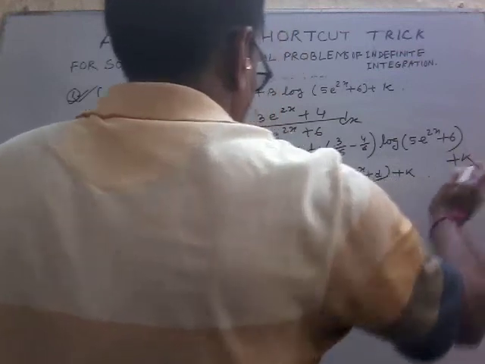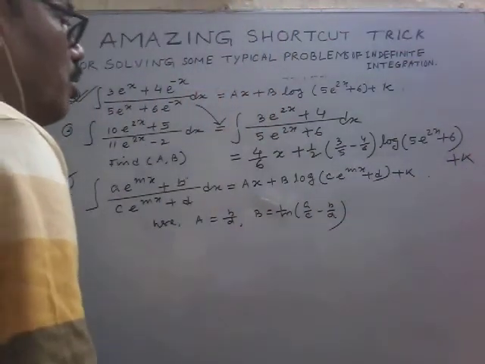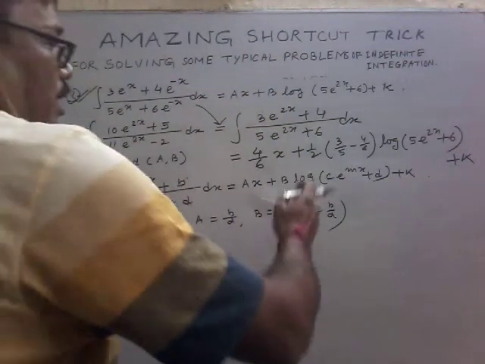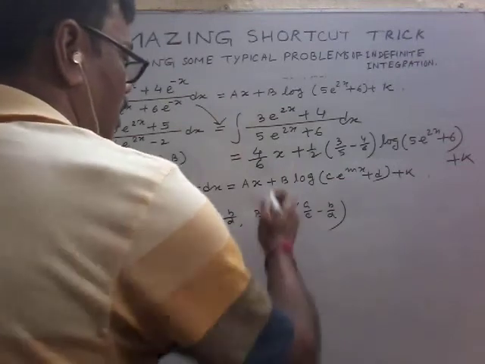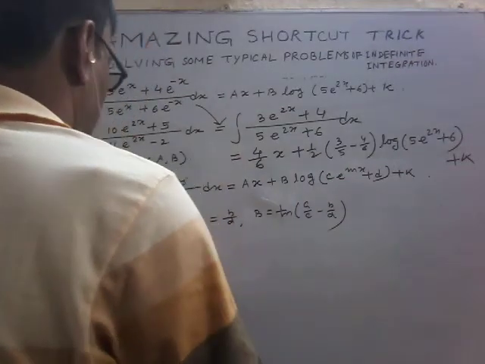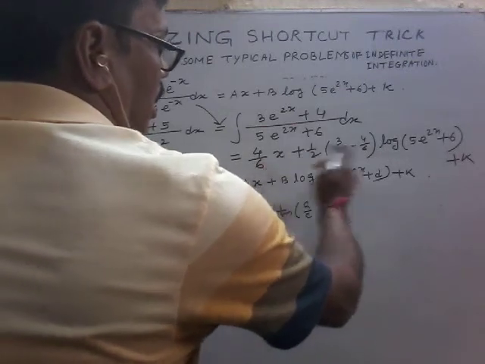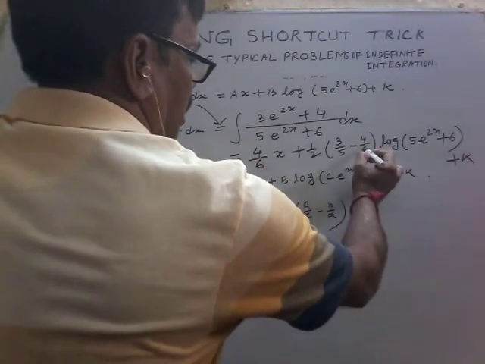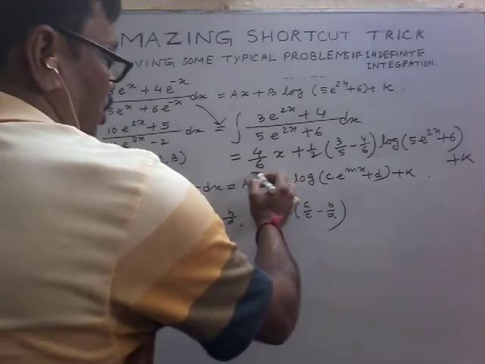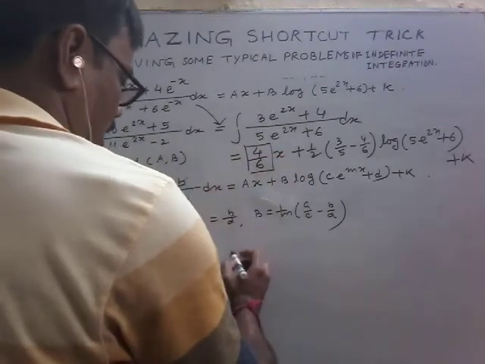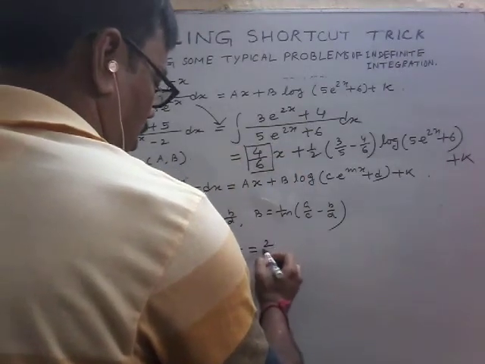Obviously there is a constant. If we simplify, we get, after this step, 2 by 3 and 5 by 6. So A equals 2 by 3.